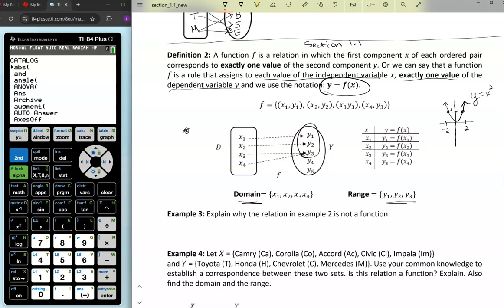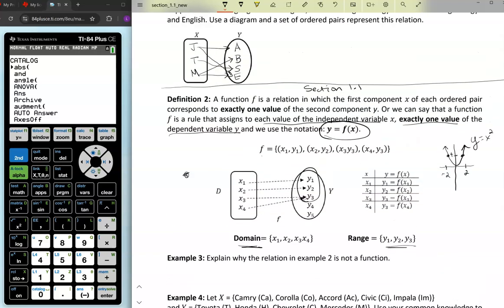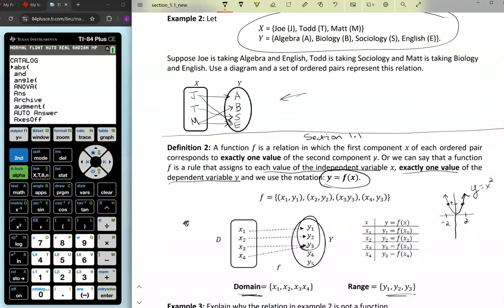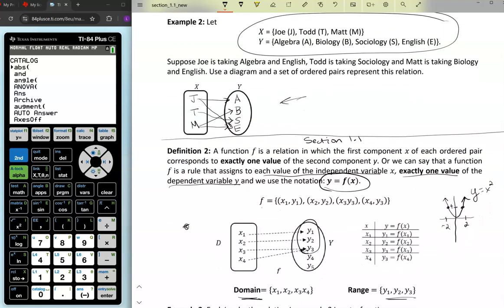Now, example 3 says, explain why the relation in example 2 is not a function. So this is the one we're talking about right here, the one with Joe and Todd and Matt, okay? So in example 2, Joe, Todd, and Matt, it's not a function for several reasons, and I'm going to try to look at it in different ways. But if you notice, looking at this mapping, Joe has 2 arrows coming from his particular input.